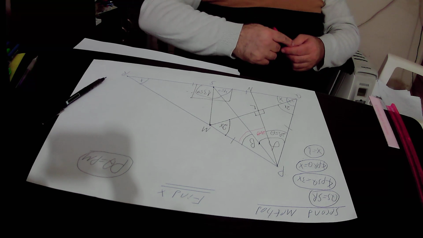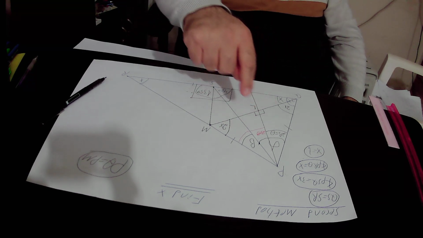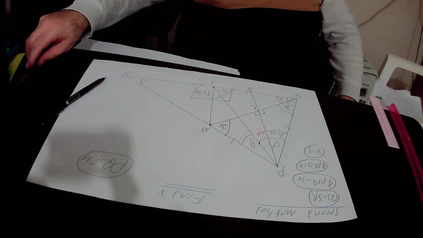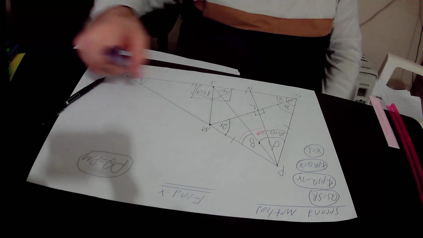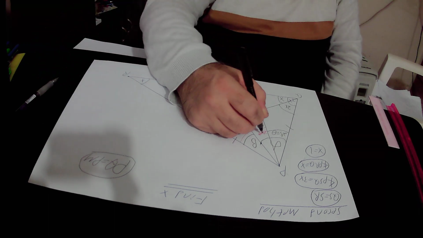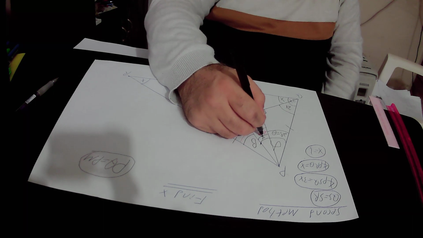So angle theta is 2 beta, and 2 beta minus beta equals angle NPS. So we found out that angle NPS equals beta. This angle NPS equals beta.